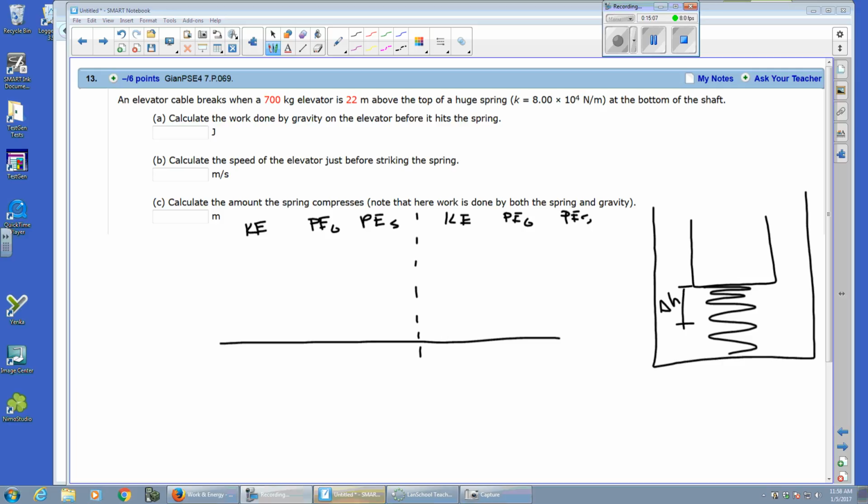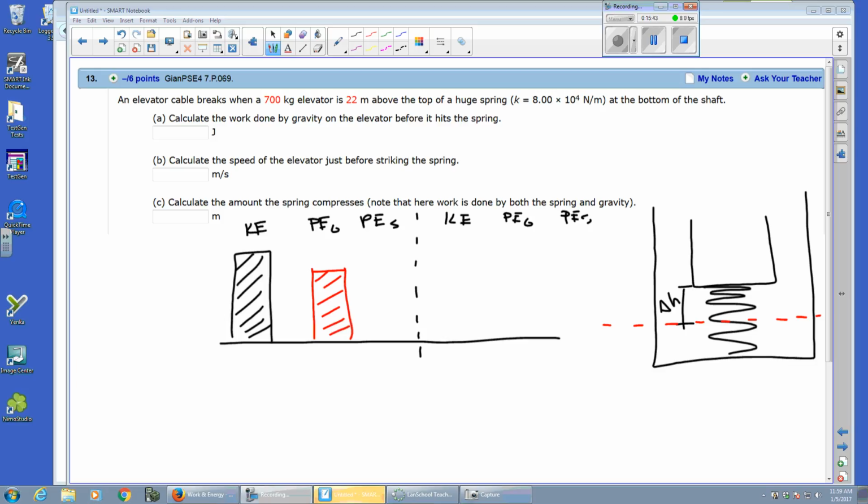All right. So when it hits, there's a lot of kinetic energy. When it finally stops, how much kinetic energy does it have? 0. It also has a certain amount of gravitational energy, because I'm going to say that this red line down the bottom where it stops is 0 for the gravitational potential energy.